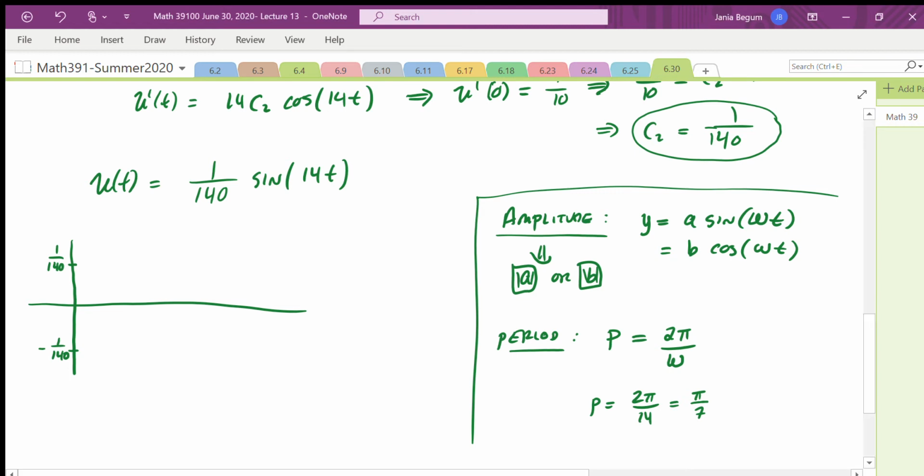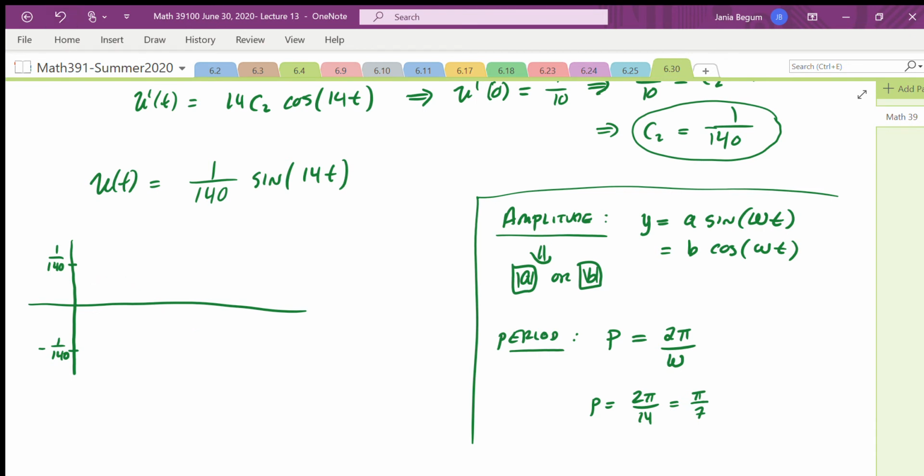So this function that we have is going to complete one revolution, meaning one cycle, from 0 to pi over 7. So imagine the spring, now you have to imagine it in an opposite direction, because downward is positive and upward is negative. So instead of a sine curve going this way, we're going to have a reflection of that.